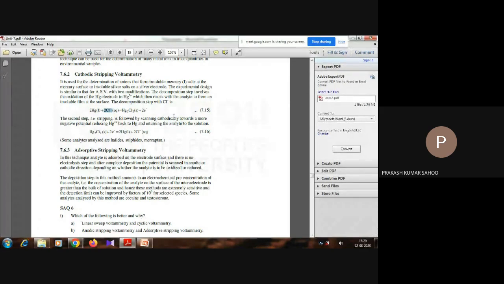At the mercury electrode, the anion from the analyte reacts with mercury metal to form the mercurous chloride salt. The same stripping happens in the second step, and this mercurous salt accepts electrons again to give the chloride ion, and the mercury gets detached.